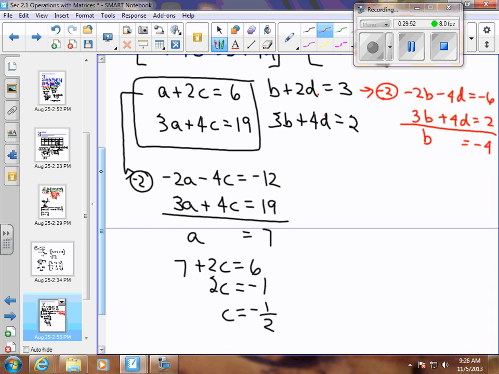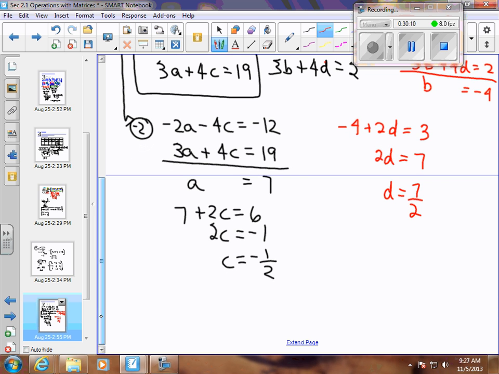And then, just as I did with A, I'll plug B into one of the original equations and find D. 2D is 7, so D is 7/2. So then I have my solution. A is 7, B is negative 4, C is negative 1/2, and D is 7/2.